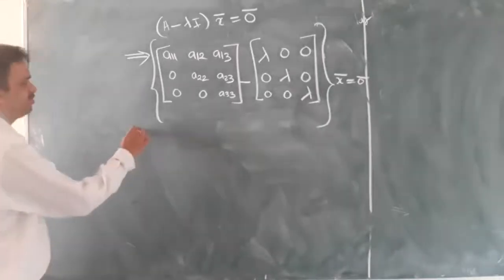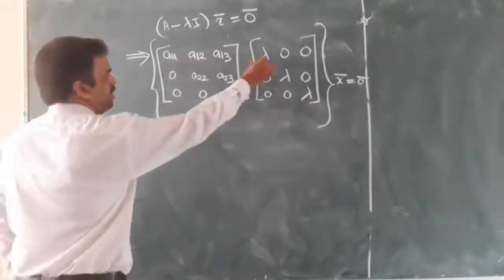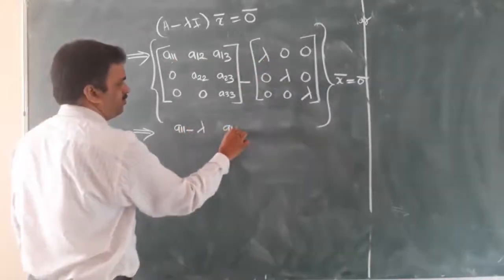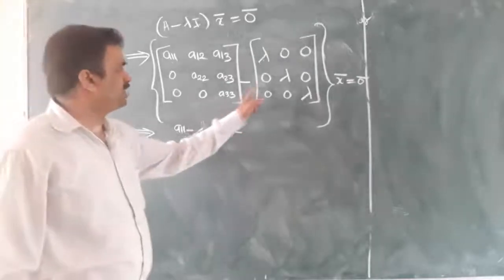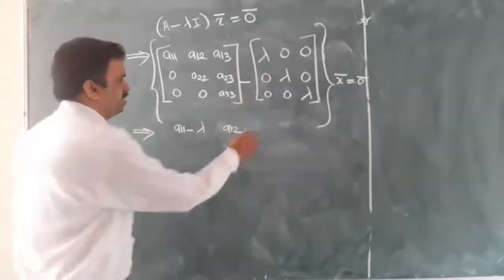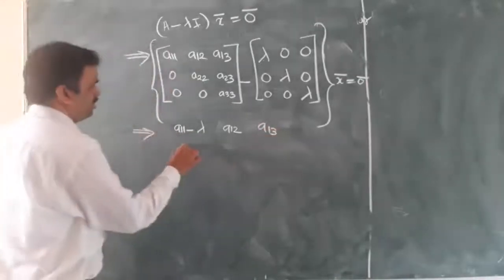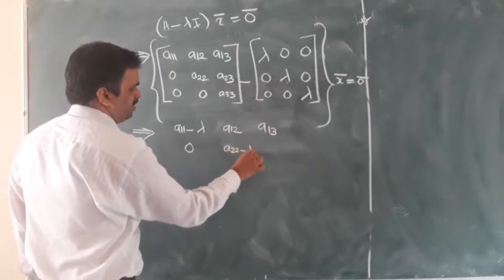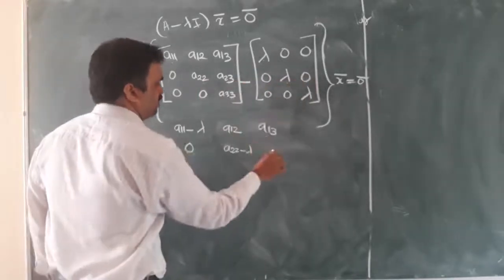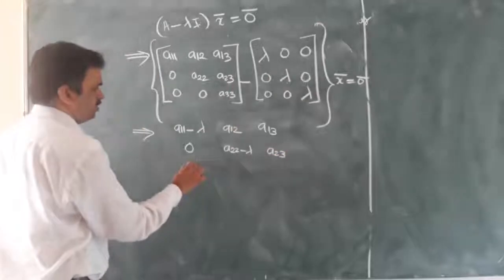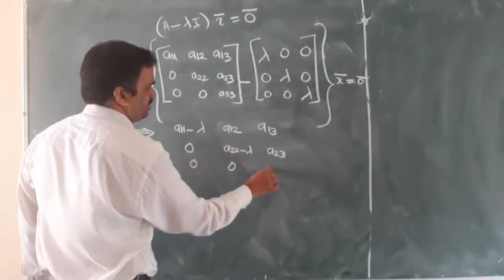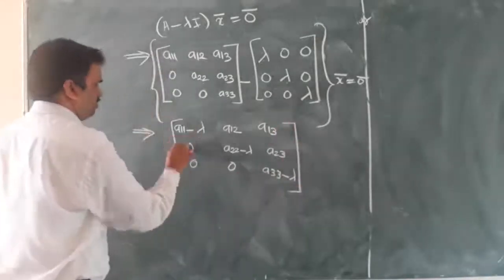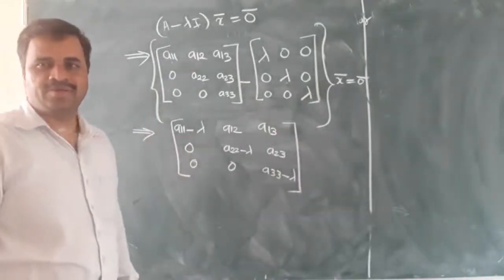Now simplify it. a11 minus lambda, a12 minus 0, a12 again, a13 here, 0, a22 minus lambda, a23 minus 0 nothing but a23, 0 0, a33 minus lambda, of x bar.